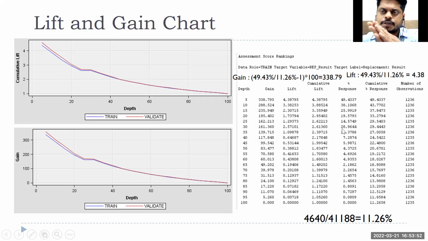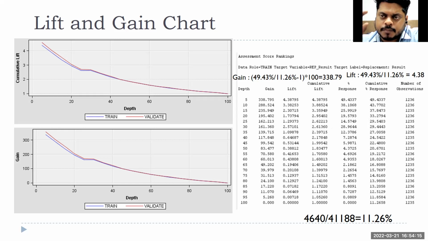From top 25% customers to top 30% customers, how much improvement in response have I got? 28.96%, which I divide by 11.26. That comes to close to 2.57.